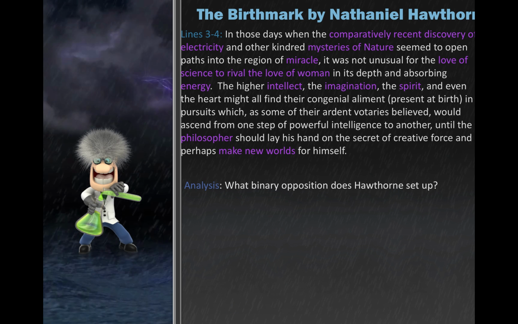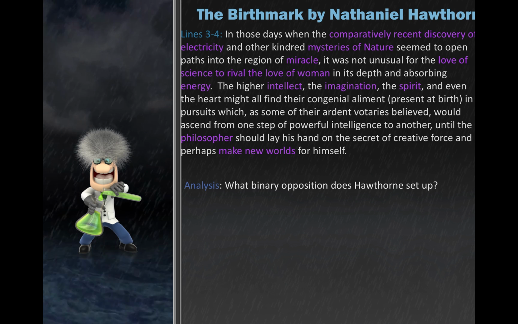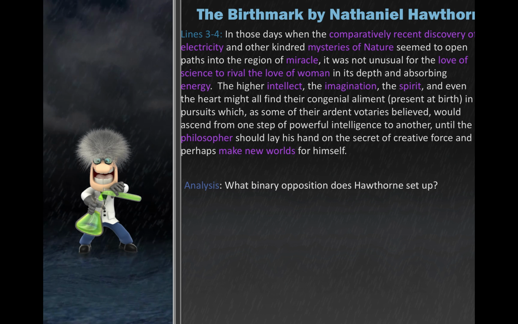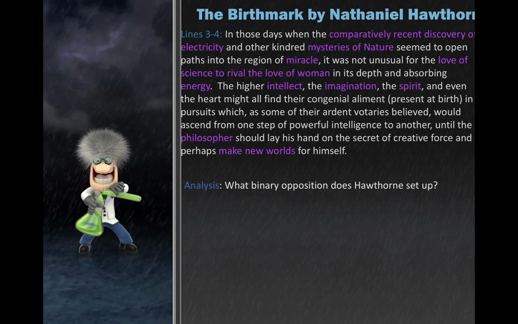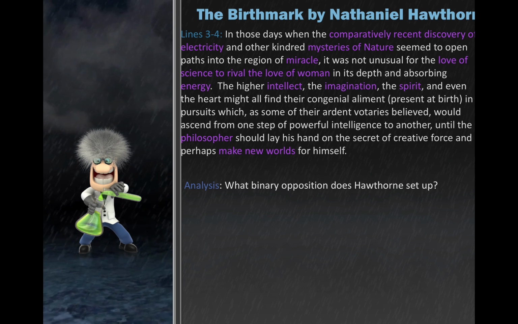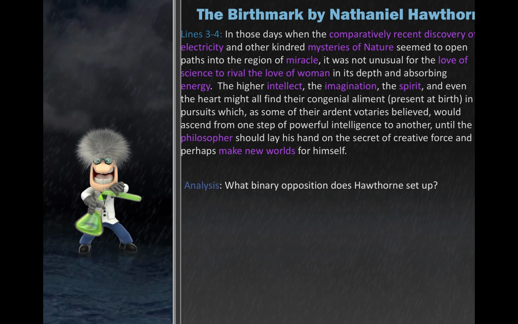What binary opposition is set here? And I'll help with this, looking at this here, but you'll have to do this in other texts, so make sure to understand this concept. So we have nature versus science in some ways, or kind of the lab. Nature set up against the lab.